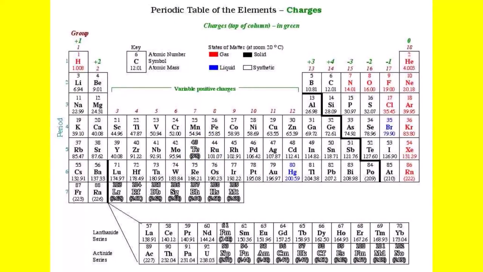So you can see that element number 1 is hydrogen, the atomic number is 1. If you check element number 2, it's helium, the atomic number is 2. Element number 11 is sodium, you can see that the number is 11. So that is one of the things that the atomic number tells us about that particular element or atom.